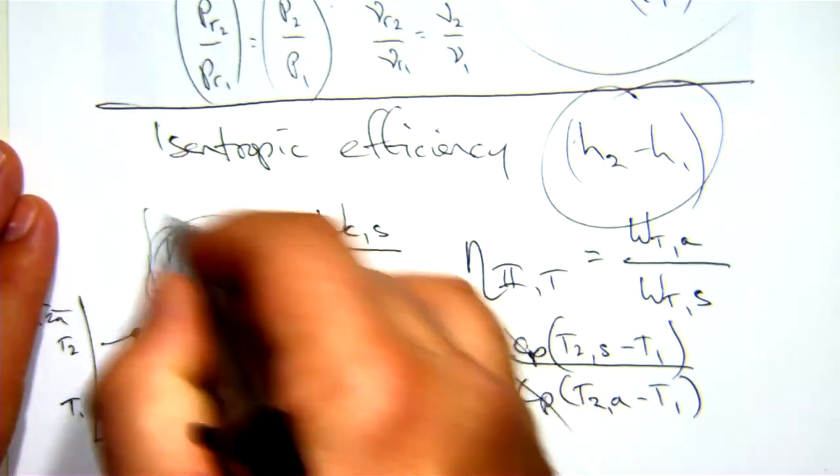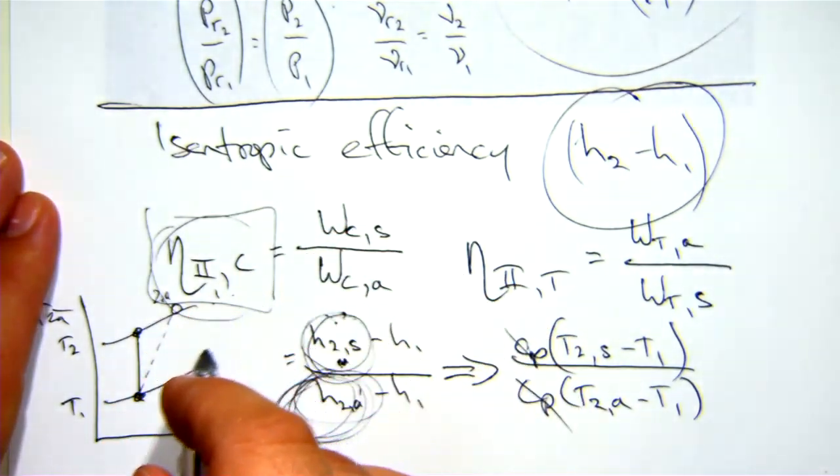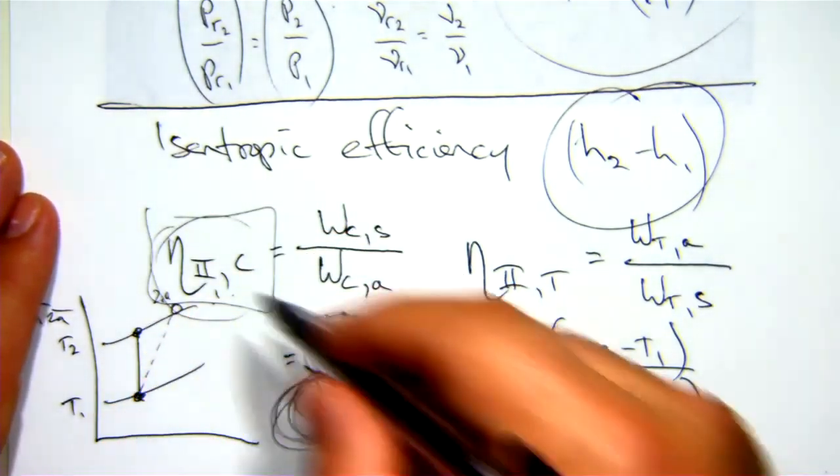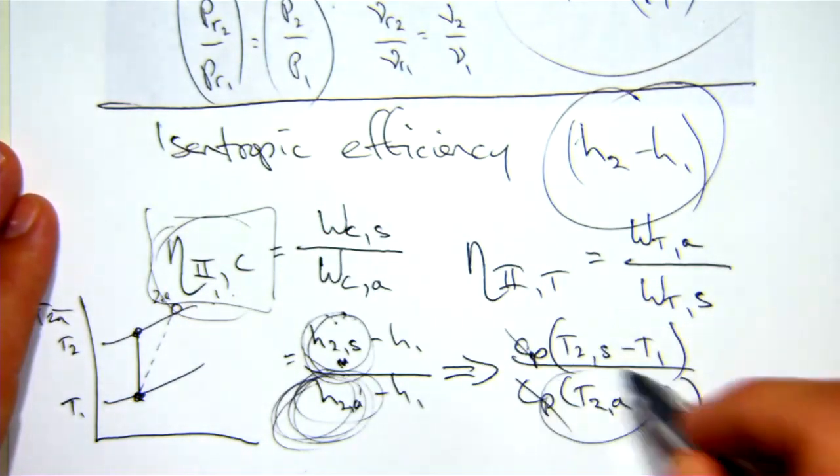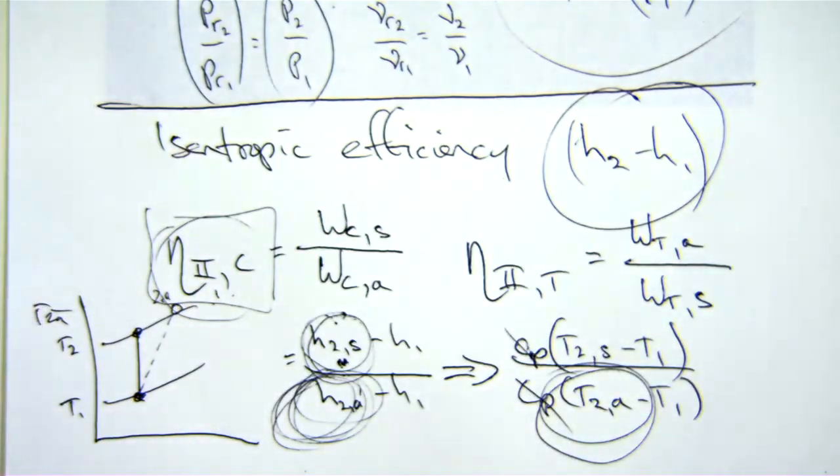Or if I've been given this, which is more commonly the case, then I can use that to solve for T2A. Because T2S, I've got equations for. So we'll go back to the question and now see how the question was written.